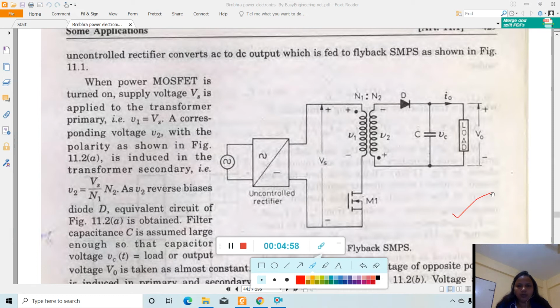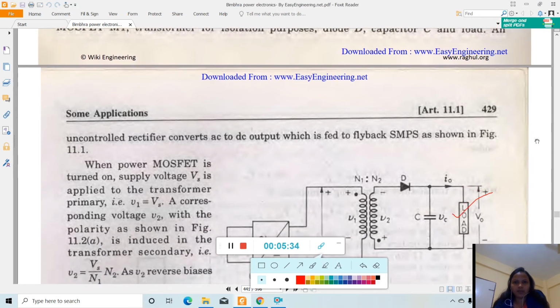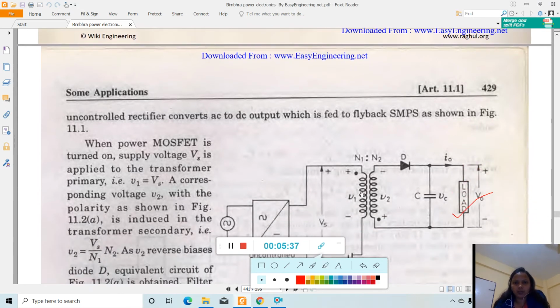So this is your circuit configuration. It consists of one uncontrolled rectifier, one transformer, one power MOSFET M1, one diode D, then the filter circuit, for which a capacitor is used for the filtering purpose. The transformer is for isolation purpose, then diode, then capacitor, then load.